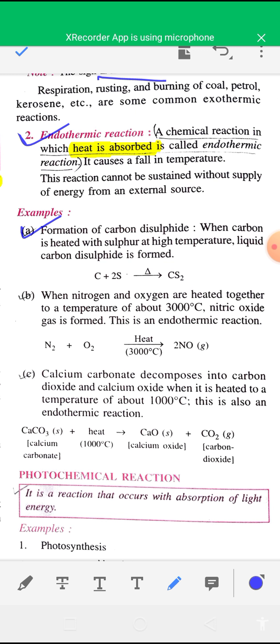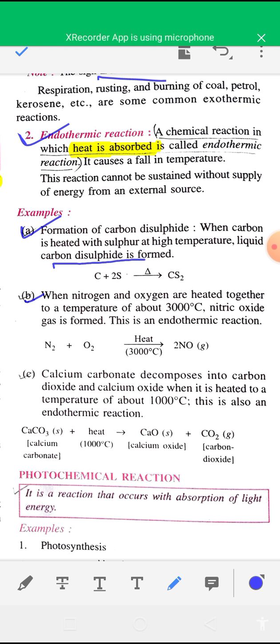When carbon is heated with sulfur at very high temperature, liquid carbon disulfide is formed. In this reaction heat is absorbed. You have to heat the mixture of carbon and sulfur, so this is an endothermic reaction.